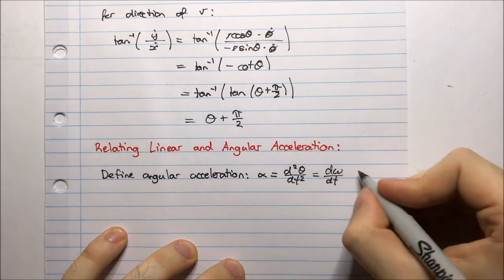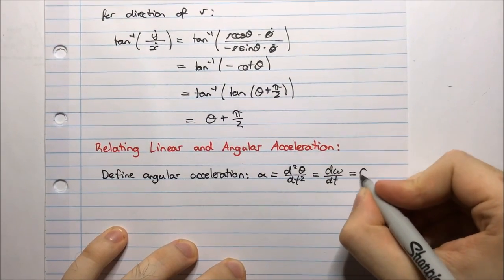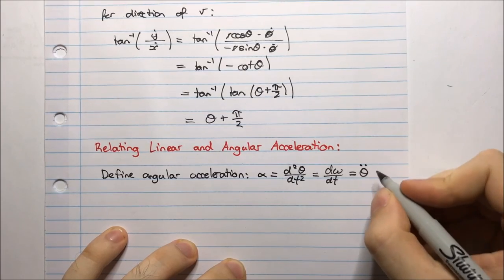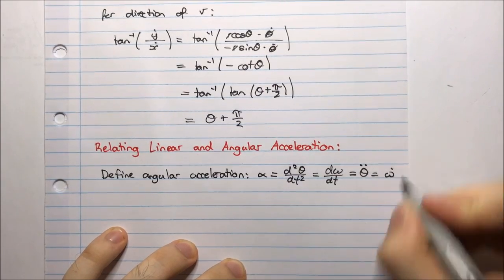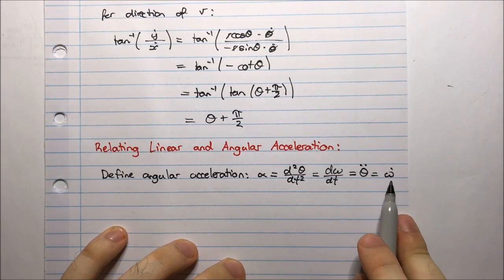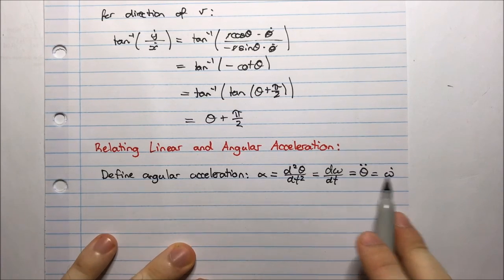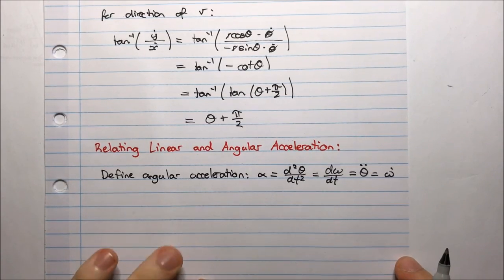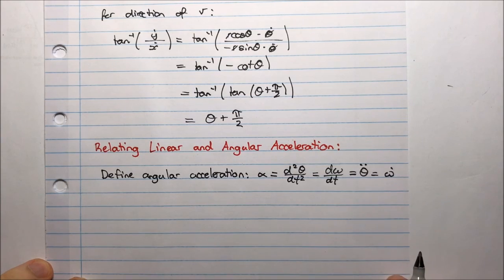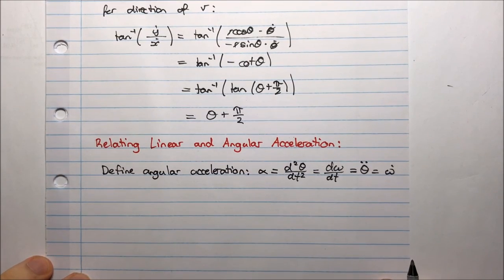And then I have two alternative notations, theta double dot or omega dot. Now we rarely see omega dot, but nevertheless it is sometimes used, and so these are our notations for it.